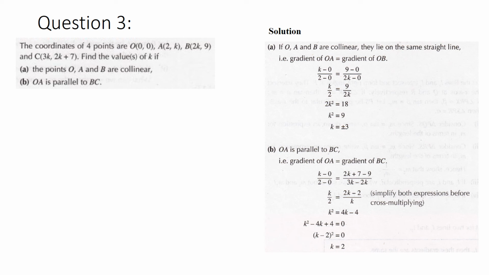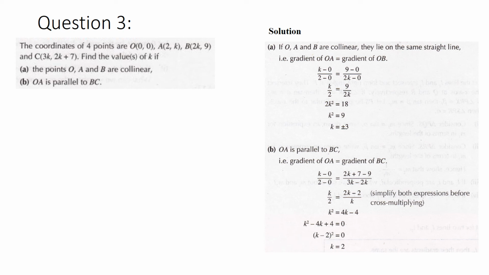On simplifying, we will get k over 2 is equal to 9 over 2k. Now cross multiply to get the value of k. By cross multiplying, we will get 2k square is equal to 18. It means k square will be equal to 9 and k will be equal to plus minus 3.